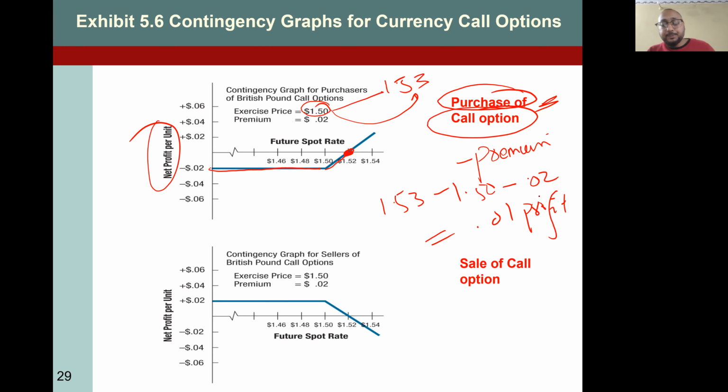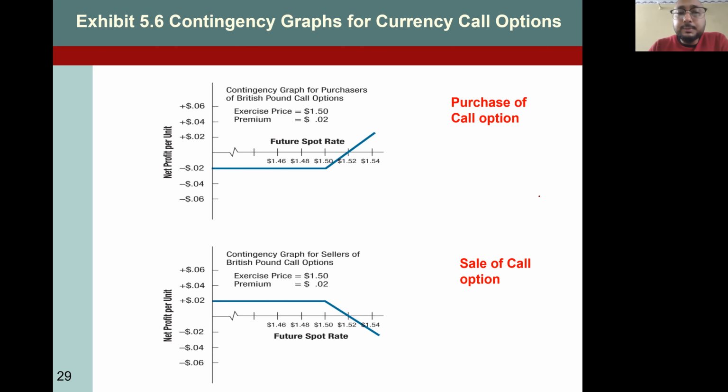So the upside potential for the buyer of the call option can be unlimited. There is no cap, no hurdle, no limit to the profit. In the financial world, we say there is no ceiling for the profit of the purchaser of the call.